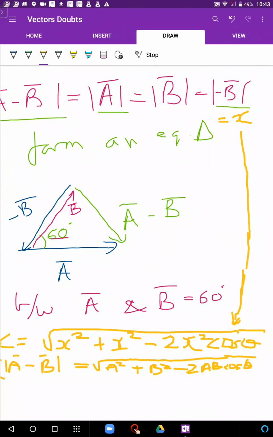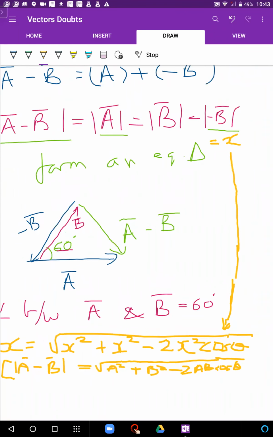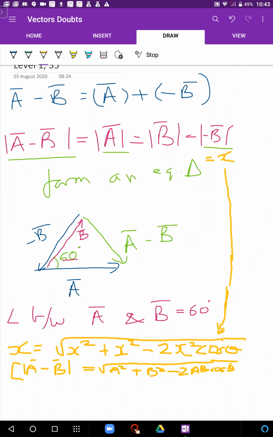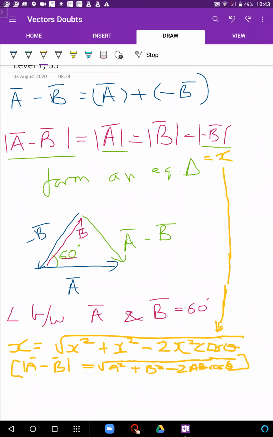Okay, so this is a formula, and you can see that if I've taken the magnitude of a minus b as x, the magnitude of a as x, and the magnitude of b as x, all these terms become x square minus 2x into x cos theta, that is minus 2x square cos theta. That's what I've basically done.